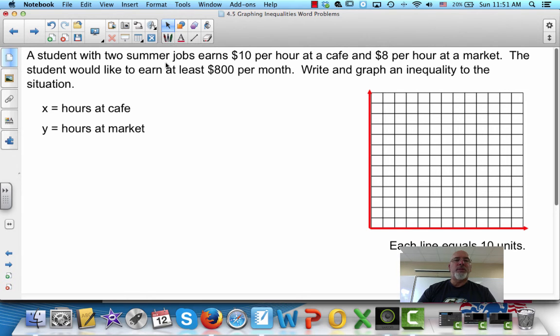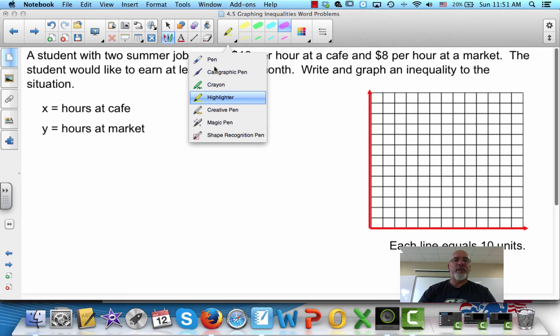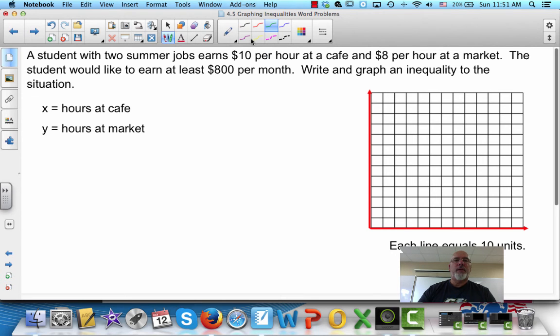And since you get $10 per hour, change it back to a pen. And let's go black for right now. So that would be $10 per hour for every hour you work at the cafe, plus $8 per hour for every hour that you work at the market. And you want to earn at least, so that means it's got to be more than or equal to $800.